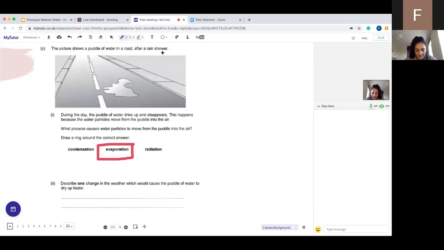What would happen? So for the puddle to go away faster, it would need to be hotter. And they would accept sunnier, but you want to be saying hotter. So change in temperature.